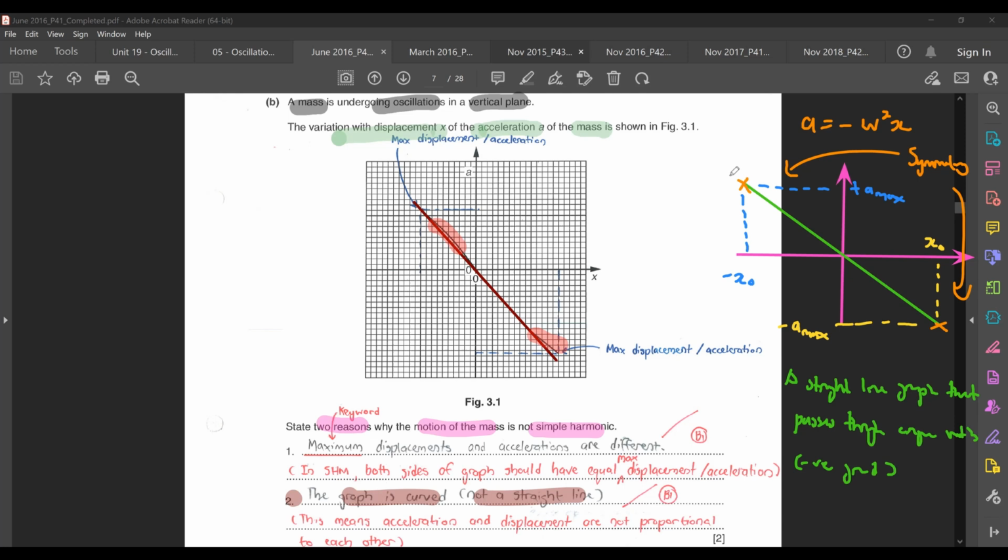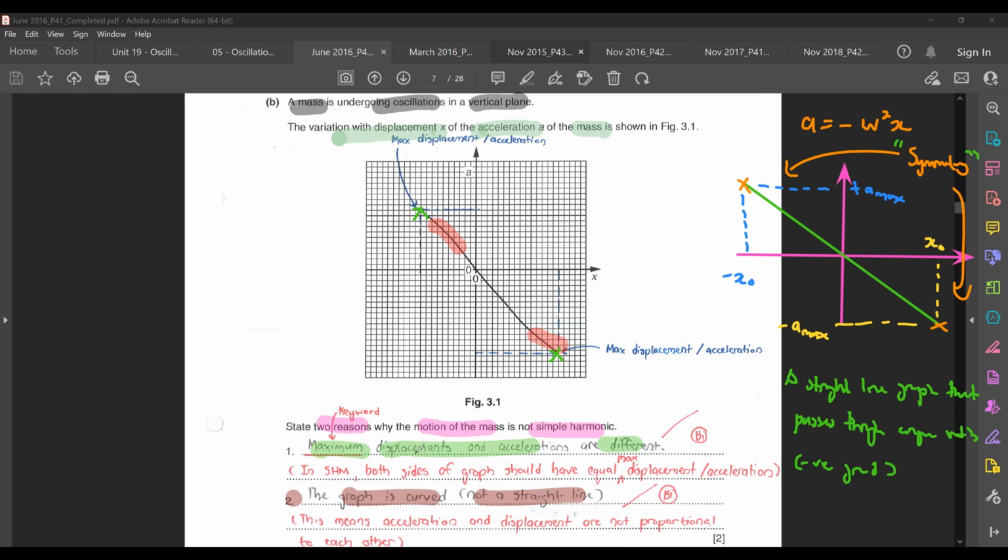Then what's another reason why this one isn't simple harmonic motion? You could say that the maximum displacements and the accelerations are different. If you look at this point here and this point here, the maximum displacement and the maximum accelerations are actually different. They are not symmetrical.